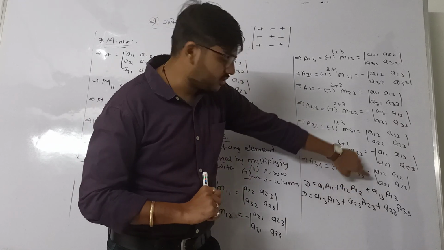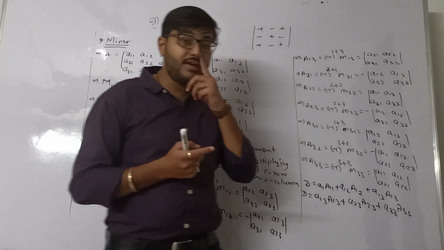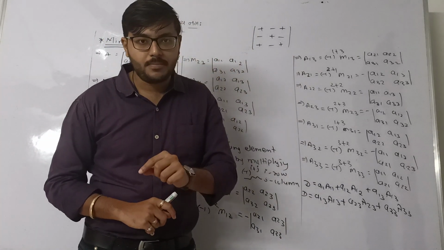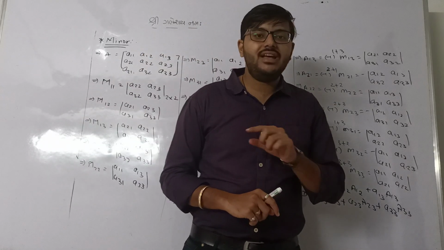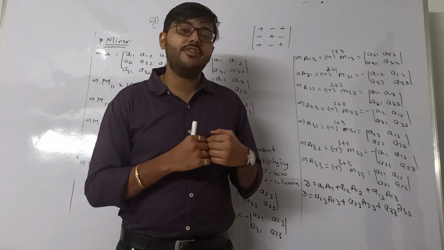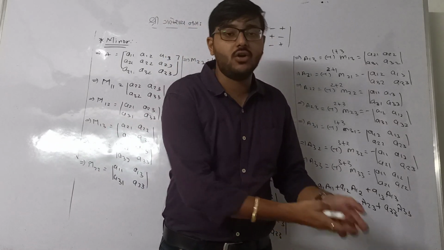Okay, so this is the first one. And now the second one, that the value of determinant will be 0 if we take the sum of the product of the elements of any row or column with the cofactors of another row or column.